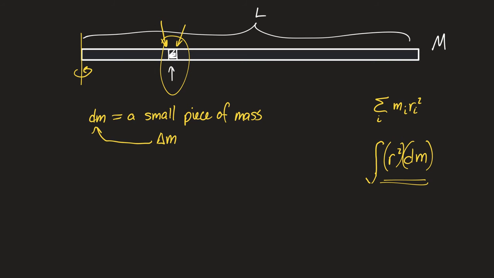But I've already kind of explained how we're going to do that. We're going to do that with a ratio. We're going to say the mass of the object is to the length of the object as a small piece of mass of the object is to a small piece of length of the object. That's what we're going to do.